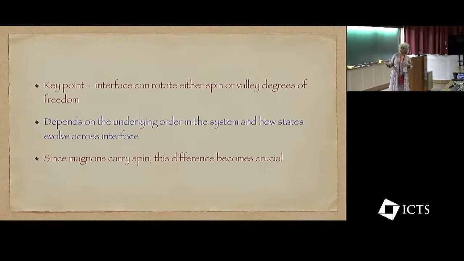The key point is that these interfaces can rotate either the spin or the valley, and depending on that, you can see whether the magnons can transport through or not. That gives us the underlying order in the system. Since the magnons carry spin, whether they transmit depends on whether the ordered phase is a spin ordered phase or not.